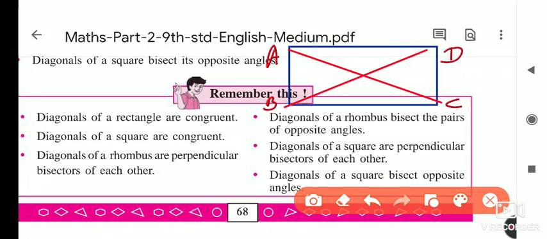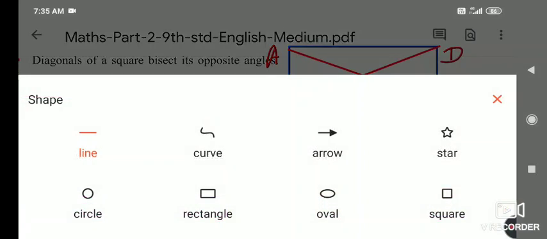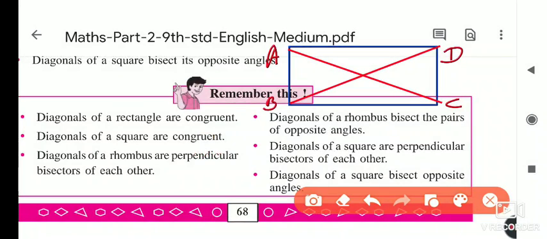We have seen the first property, that the diagonals of a rectangle, that is AC, is congruent to what? BD. AC is congruent to BD.